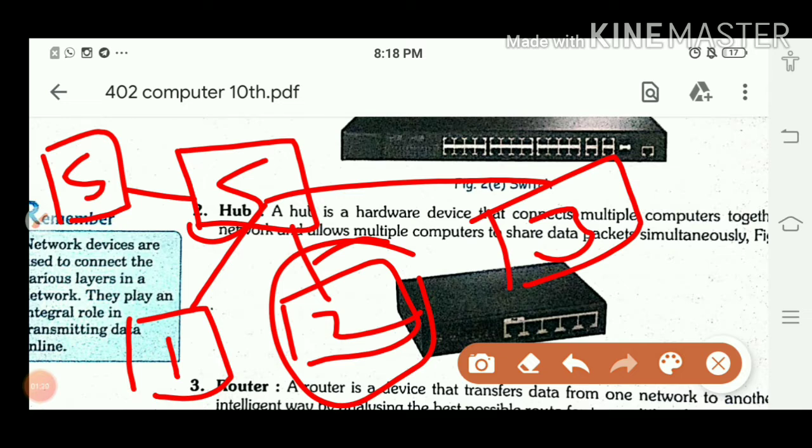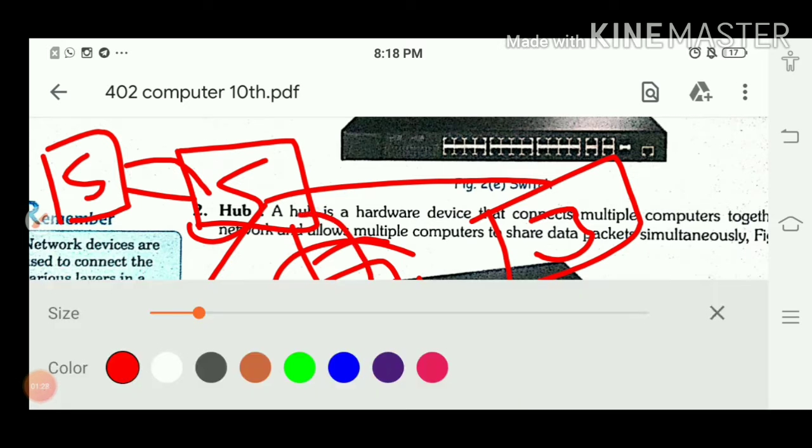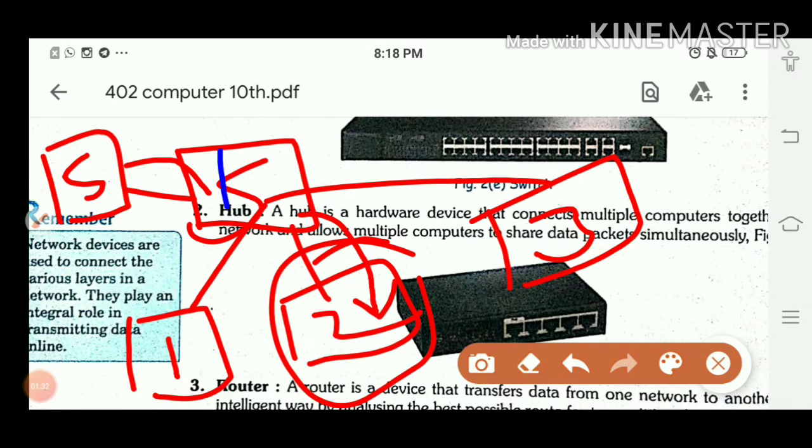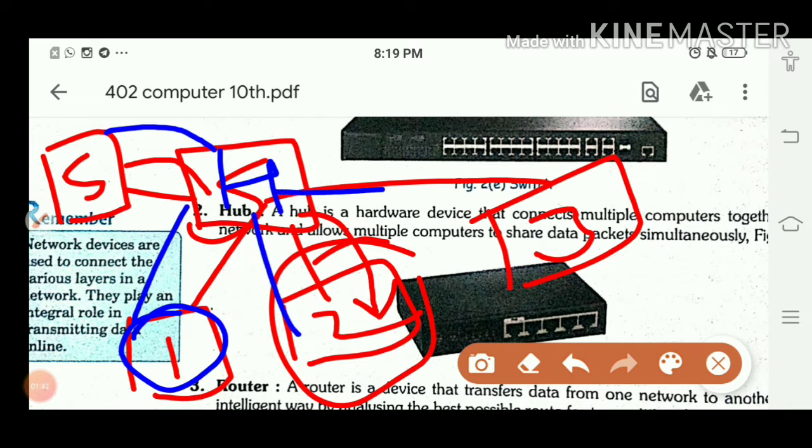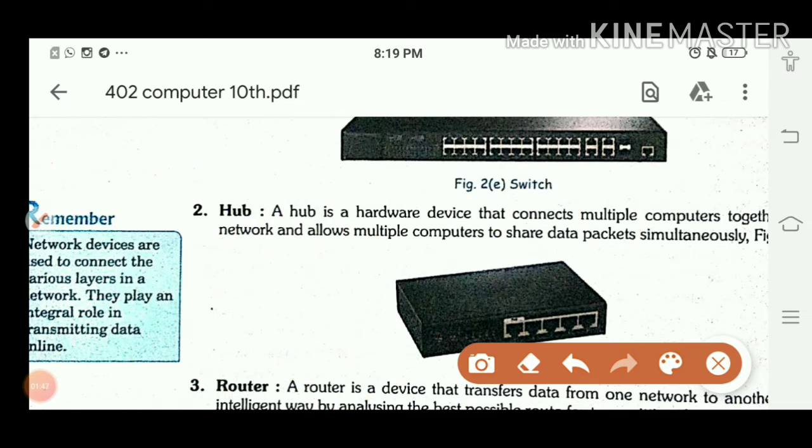If we are placing a switch here, then the switch will take data from the server and give it to node 2 only. In place of this, if we are using a hub, then suppose node 1 is requesting something. The hub will take data from the server and give it to all three nodes. So that's why the hub is also known as a dumb switch.